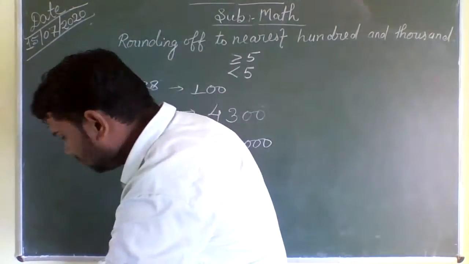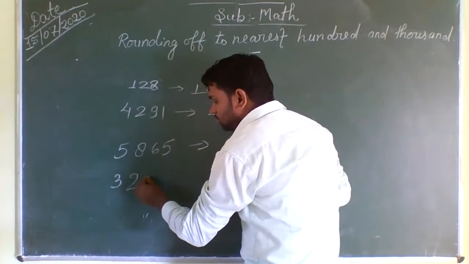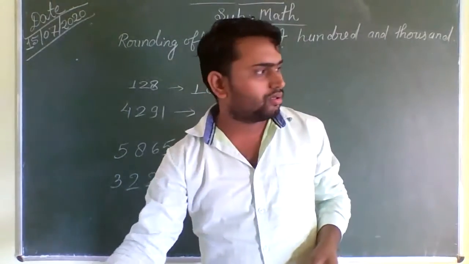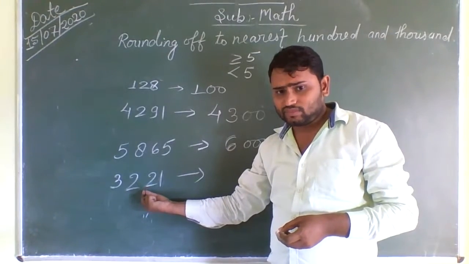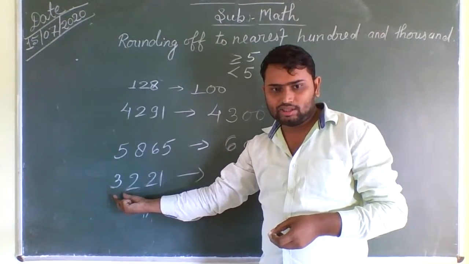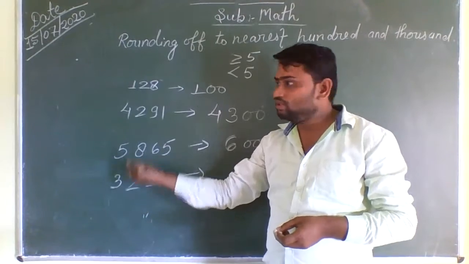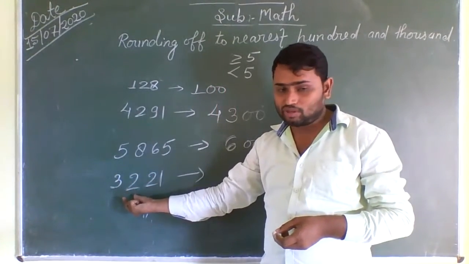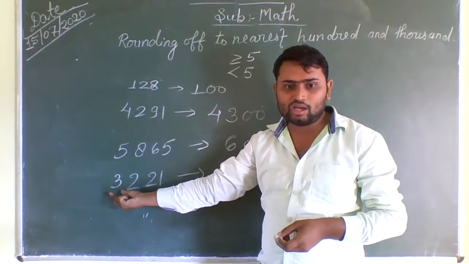So its nearest thousand will be 6,000. If we have another example like 3,221, you can see here the digit at the thousands place is 3, and the digit just behind it is 2, and 2 is less than 5. If it is less than 5, we will not make any change to the digit at the thousands place.